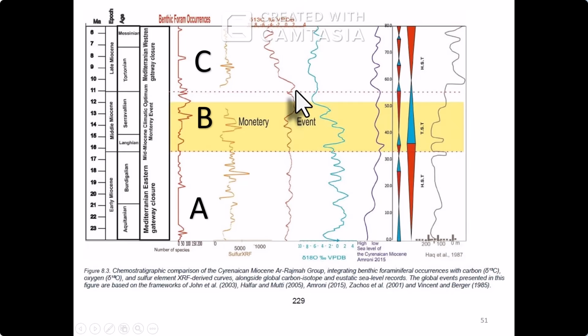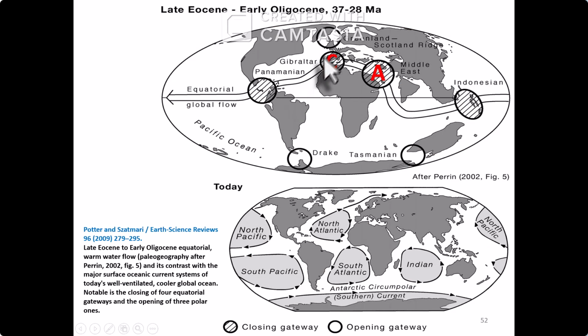And if you look at the map here, which is Gate C, between Africa and Europe, during that time the collision between Africa and Europe happened and led to the closure of Gibraltar and basically the evaporation and the Miocene event in the Mediterranean.